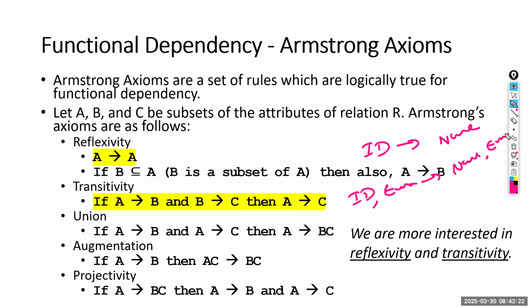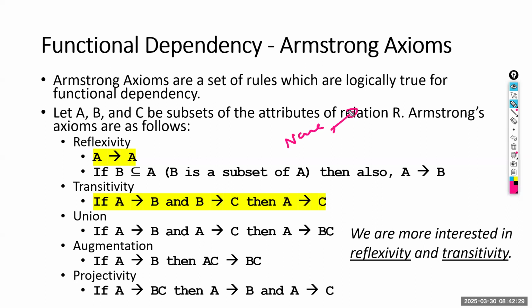Let's take another example. Say name determines email, then name comma date of birth determines email comma date of birth.